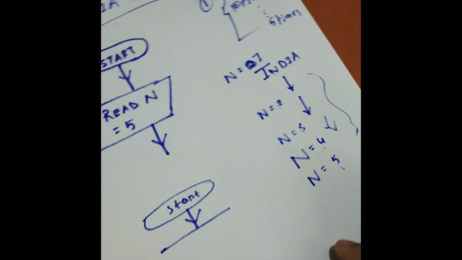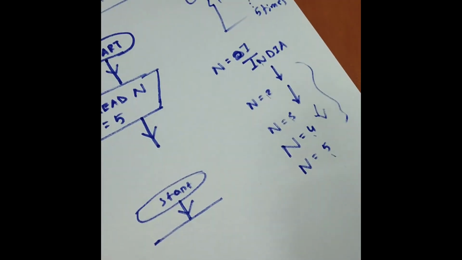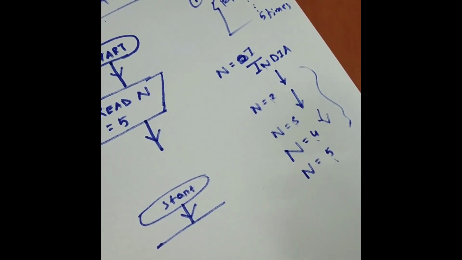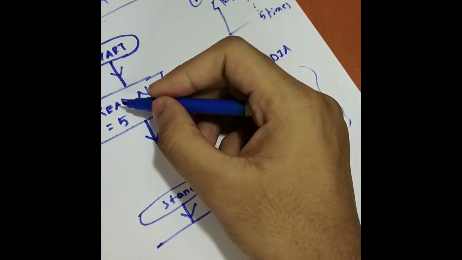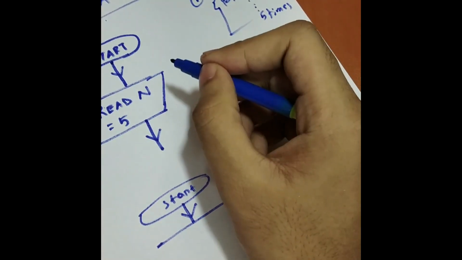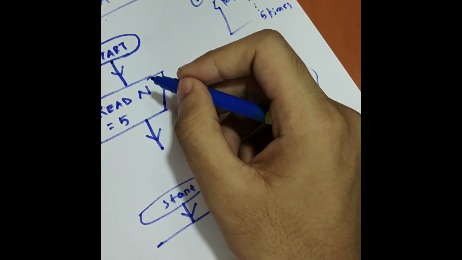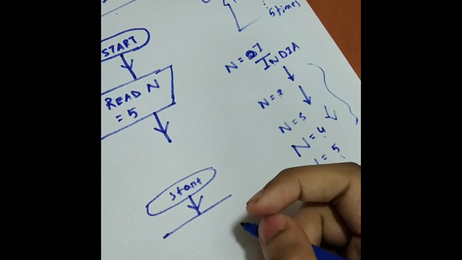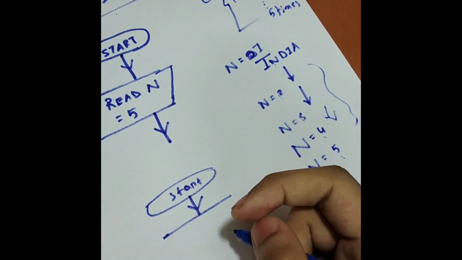So with this n, I should give some value, whether the value of n should be 1 or 5. Because this is an input box, I have to initialize first what n is and what the count is.